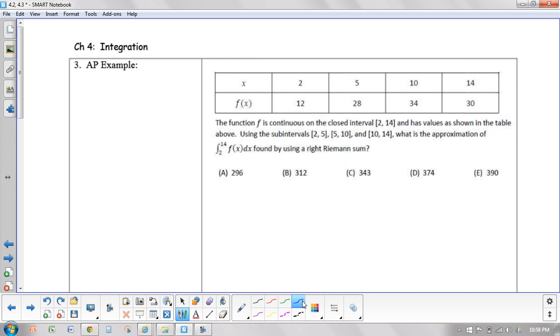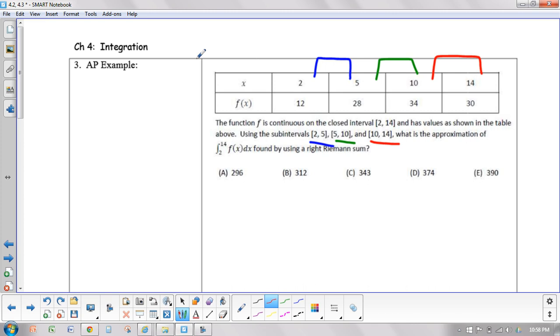So for the span that they're showing us, we have a continuous function, and it has the values that they're giving us. Using the subintervals 2 to 5, so here to here, and then 5 to 10, so here to here, and then 10 to 14, so here to here.